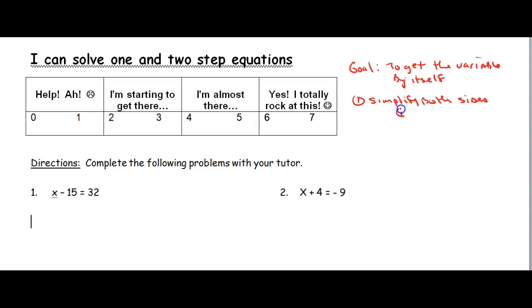Okay? And when we simplify, part A of that is to distribute, and part B of that is to combine like terms. Now, once that's all done, we move all the variables to the left and then we move all the constants to the right.